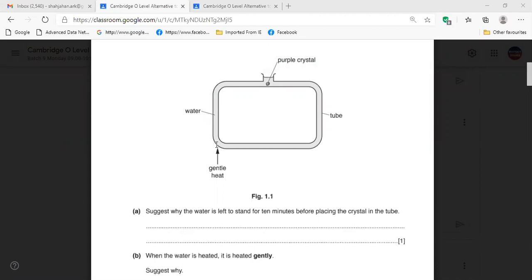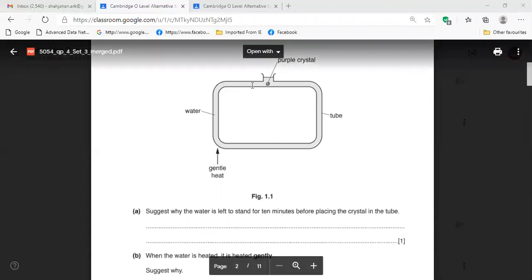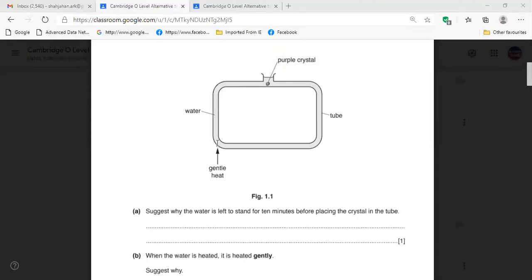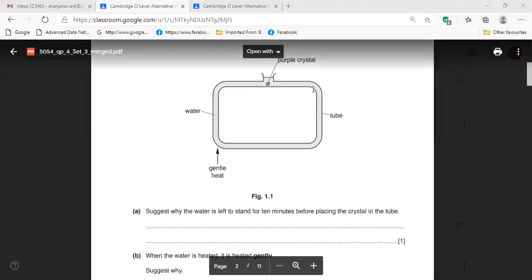So, if we want to observe it properly, then we have to keep our water settled first. Otherwise, the convection current should go this way, right? From here, the hot water will rise in this way, then it will go in this direction.